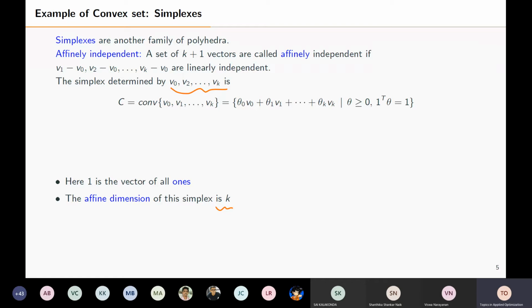That is, you take all possible convex combinations of these vectors, and what you end up with is a simplex. And that simplex dimension will be k because you generated it via k affinely independent vectors. Okay, so that's the difference between the usual vectors and the simplex.